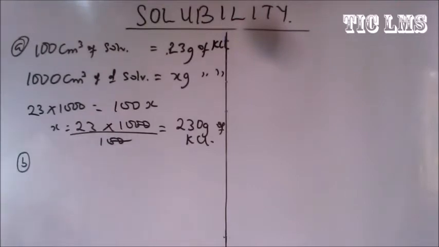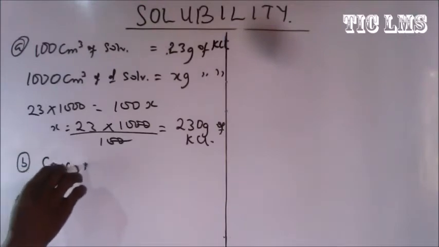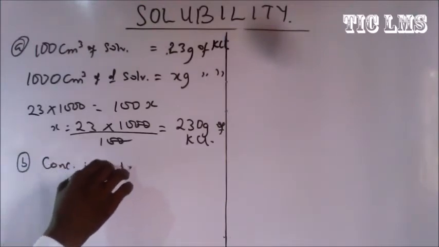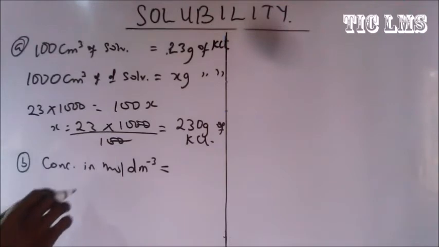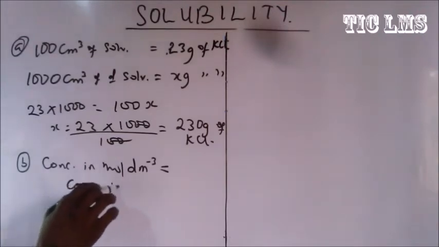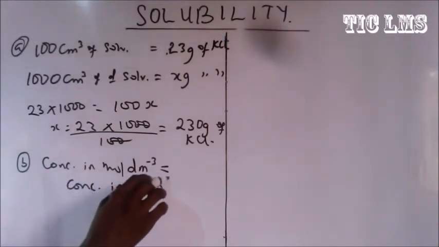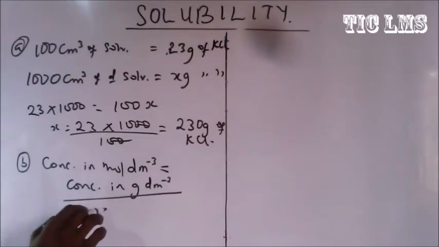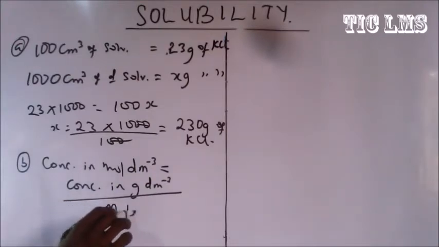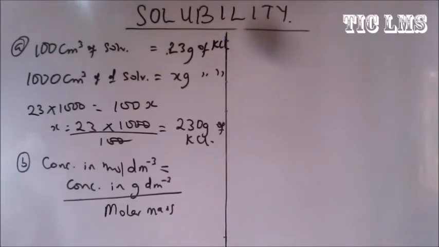When we have a mole per dm cubed, which is a molar concentration, we should take note that the concentration in mole per dm cubed is equal to concentration in gram per dm cubed divided by the molar mass of the salt we are talking about here, which is potassium chloride.